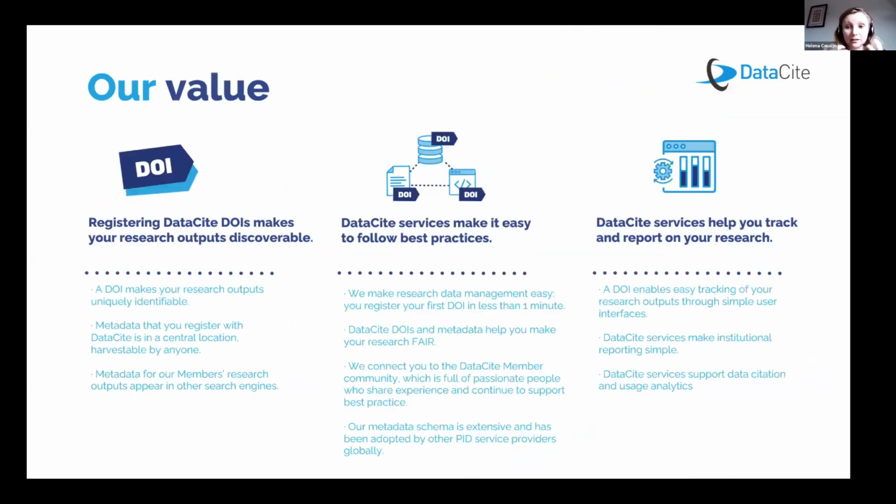Now, there are a number of reasons why organizations decide to join DataCite to start registering DOIs. One is to make outputs discoverable. DataCite metadata are harvested by many different organizations, so that way the outputs appear in more places, can be more easily found by other researchers. Another reason is to follow best practices. Of course, FAIR is really important.